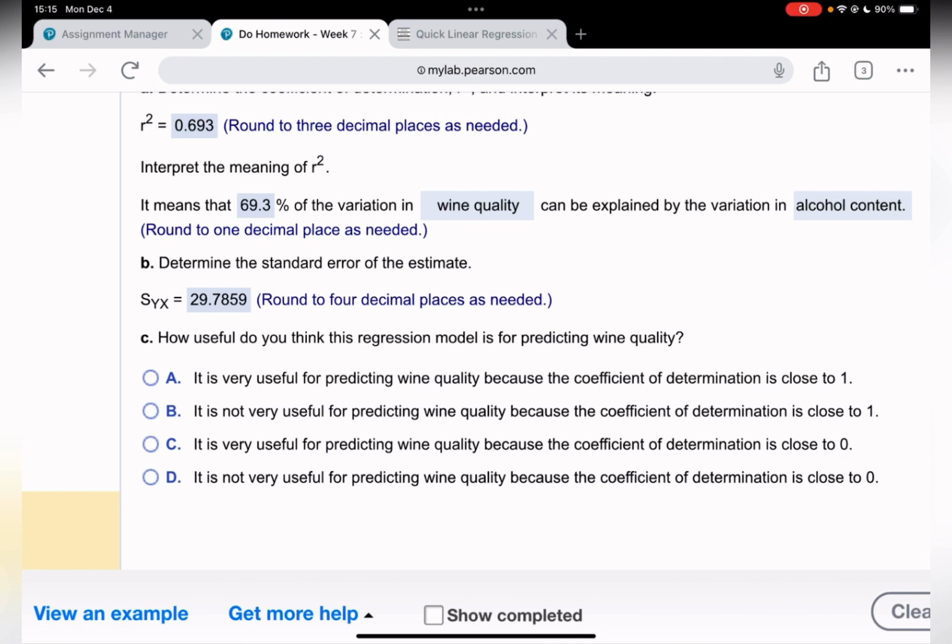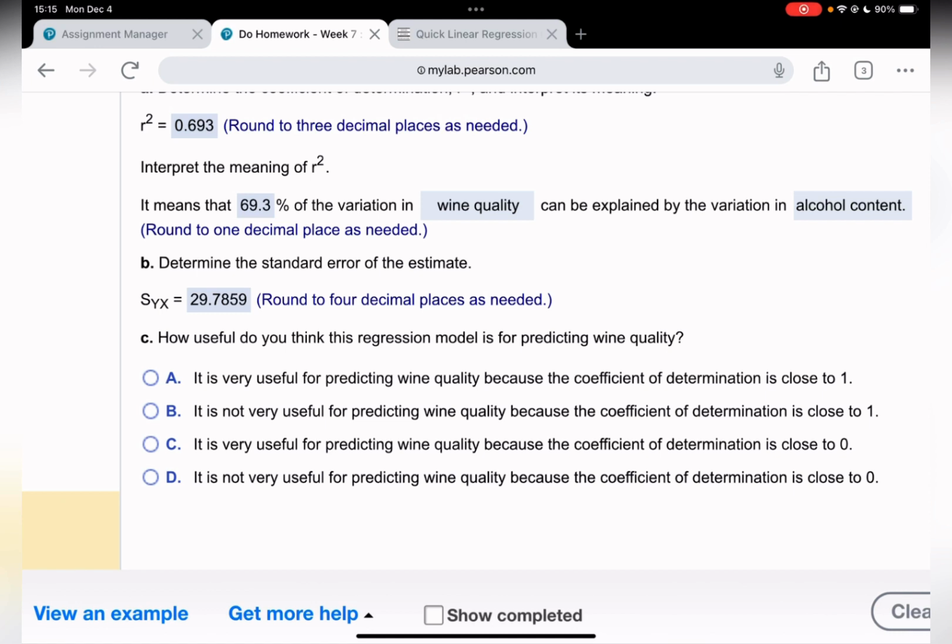It's close to 70%. So it is going to be very useful for predicting wine quality. Either C or A: very useful.